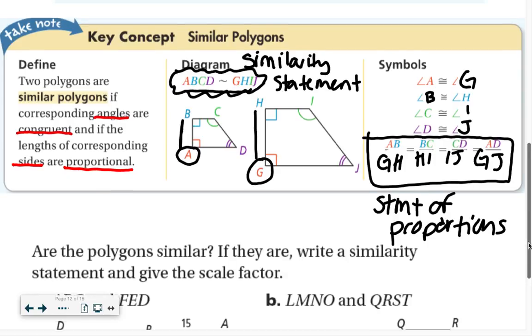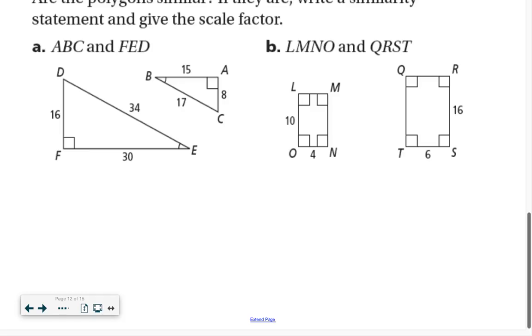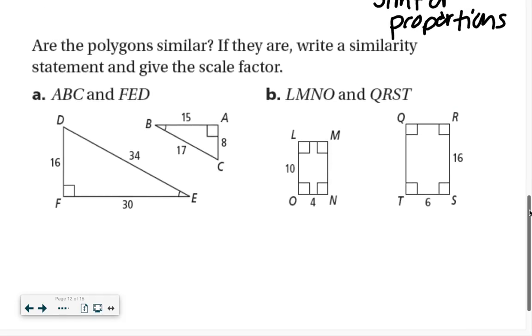Okay. Alright. So I want to know if my polygons are similar. Again, for them to be similar, my angles have to be congruent. Okay? I want to know if they are. Does F match something in my ABC triangle? Yeah, what does it match? A. Does E match something in my ABC?